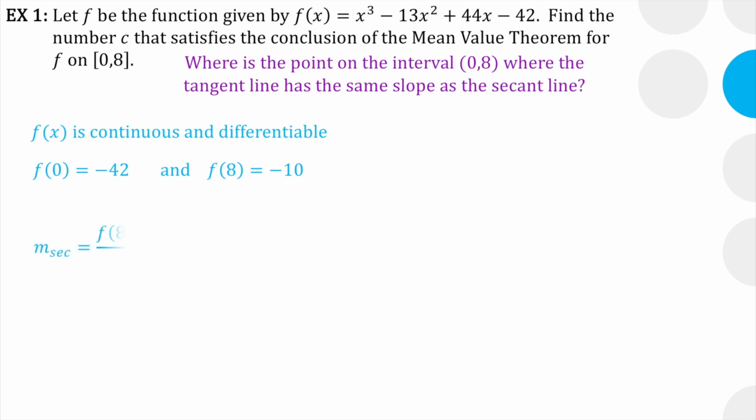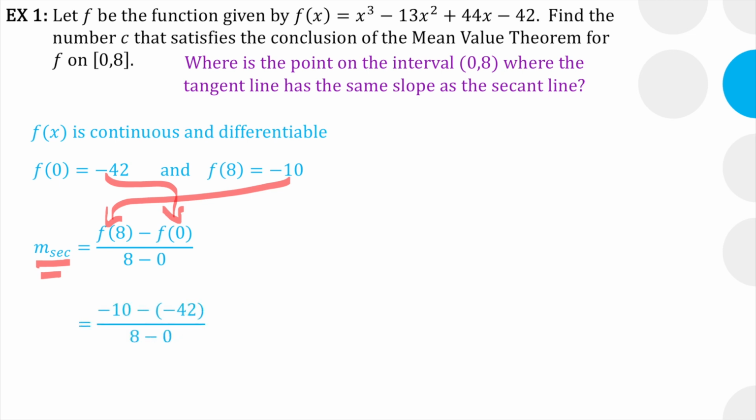Now we can use those 2 points to find the slope of the secant line, f of 8 minus f of 0 over 8 minus 0. So f of 8 is negative 10, f of 0 is negative 42. We get a slope of 4. That's the slope of the secant line.